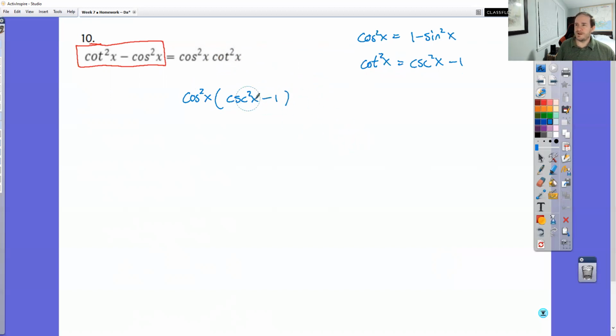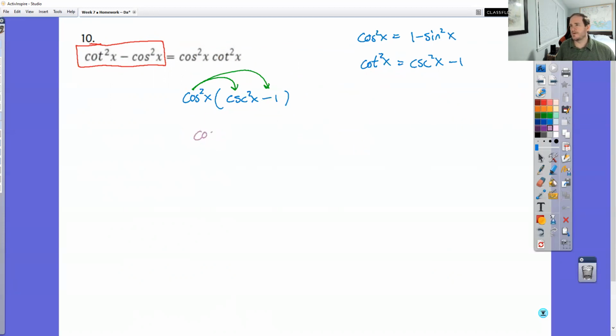And so this is great. Look, we've got our binomial now. When I take cosine and distribute it in, well, the cosine squared times 1 is going to give me cosine squared. So is cosine squared times cosecant squared going to be cotangent? The answer is yeah, it is.